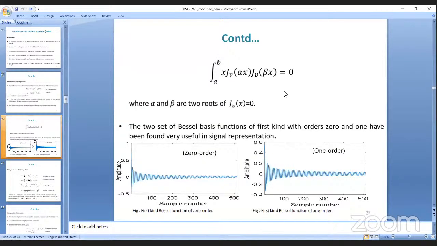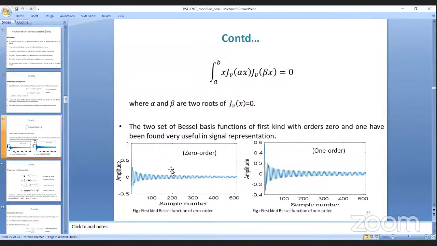So about this orthogonality principle, you can see that the first kind, order v Bessel functions follow it. If alpha is not equal to beta, then this integration comes out to be 0. And here alpha and beta are the roots of Jv(x) equals 0. And two sets of Bessel basis functions, the first kind with 0 order and first order, have been found useful in signal representation.